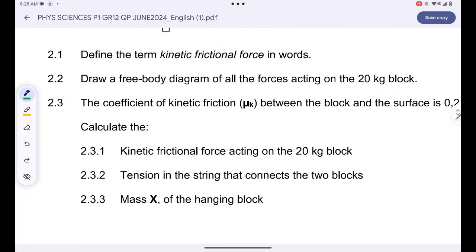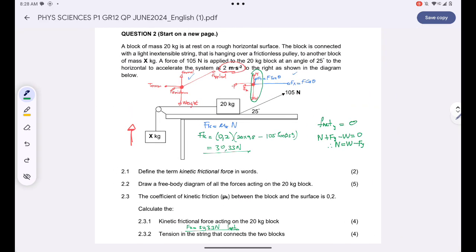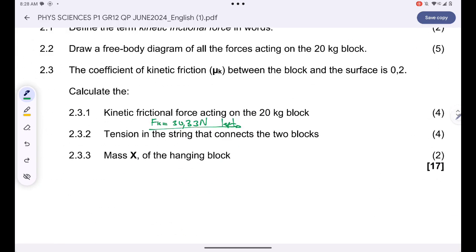So the kinetic friction acting on the object is just 30.33 newtons to the left. We must always write the direction. Right? Friction is always opposing motion and it's moving towards the left.